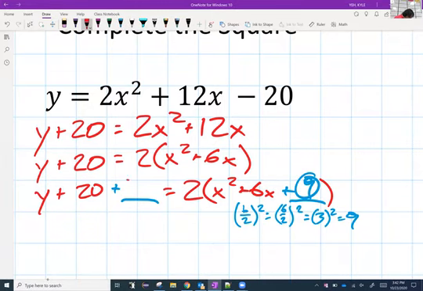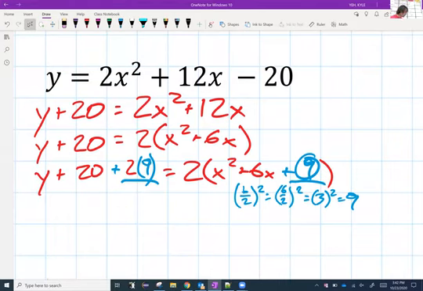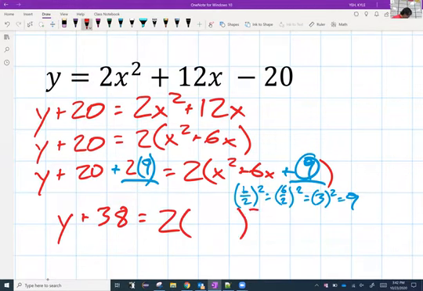So that's probably the number one thing to watch out for: sure, we introduced 9 to the right-hand side and we wrote it out, but really we were introducing 18 to the right-hand side of the equation. We need to introduce 18 to the left to keep things balanced. So what does that do for us? Well, now y plus 20 plus 18 is y plus 38 equals 2 times, and let's write our perfect square.